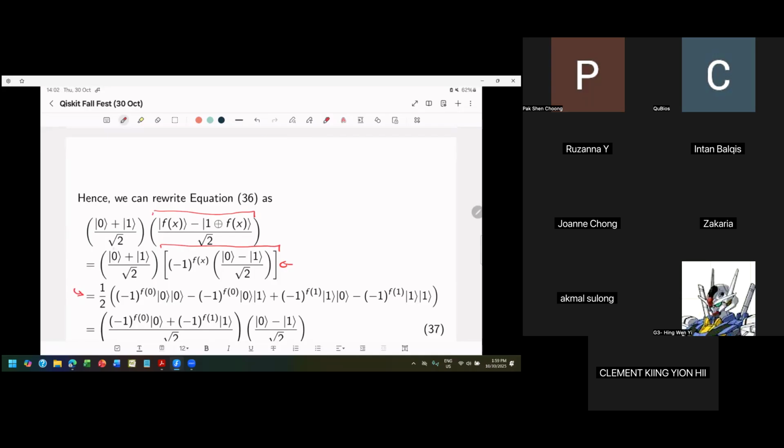When x equals 0, you have minus 1 to the power of f0, 0, 0. So this is the first term. Now 0 multiplied with the second one, you have minus 1 to the power of f0, 0, 1. And then you expand everything accordingly.